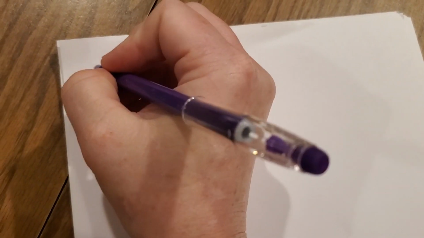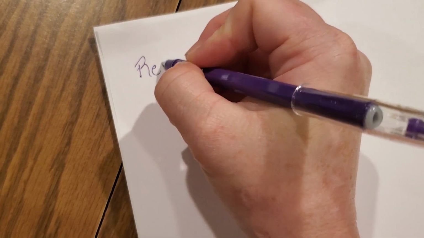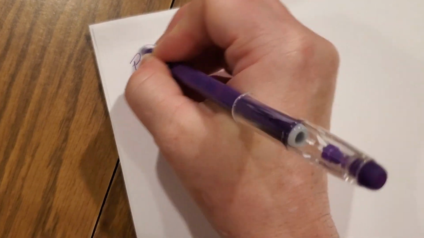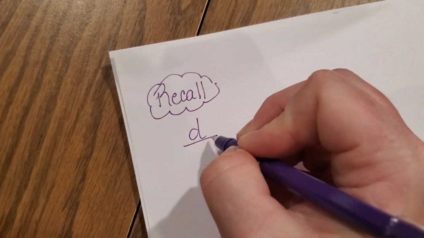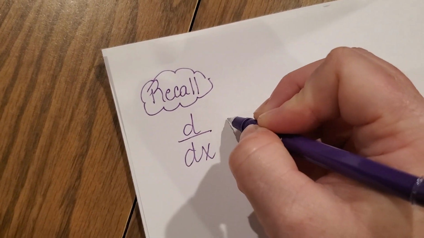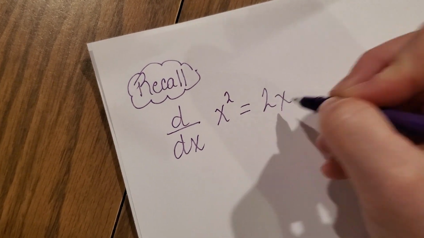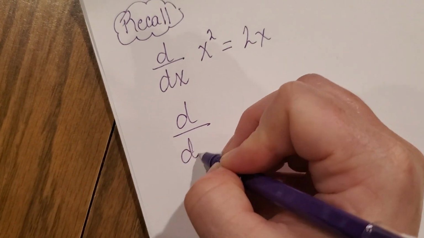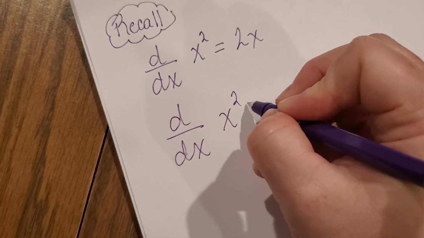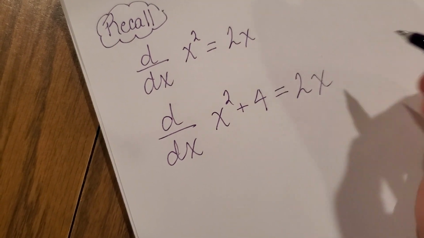First of all, let's start with a recall. All right, so here's the deal, guys. When you take the derivative of, let's say, x squared, you get 2x. And when you take the derivative of x squared plus 4, you also get 2x.